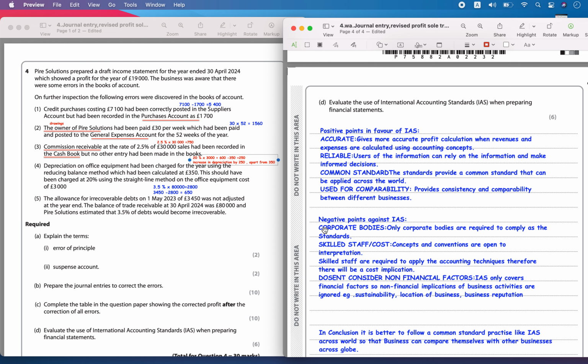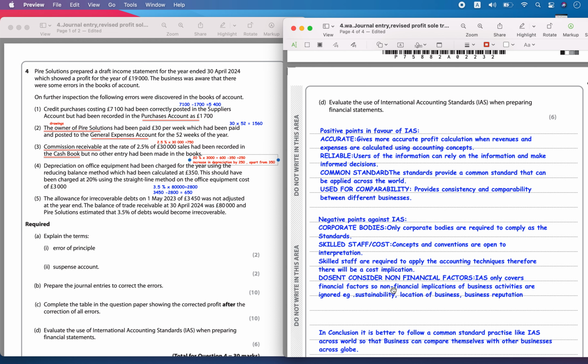However, we can see that these are used only by corporate bodies. Some small businesses might not follow this, and also you require some skilled accountant staff to prepare all of this, because certain concepts are open to interpretation, and a skilled accountant will be able to tell the best accounting techniques to be followed.